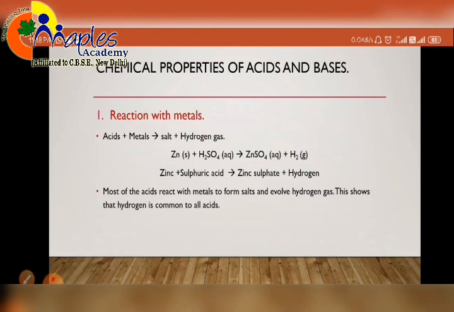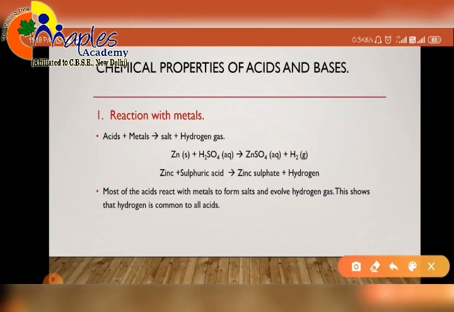Whenever an acid reacts with a metal, it forms a salt and hydrogen gas is released, or evolved, during the reaction. Here we have taken the example of zinc reacting with H2SO4, which we have already discussed is a strong acid.